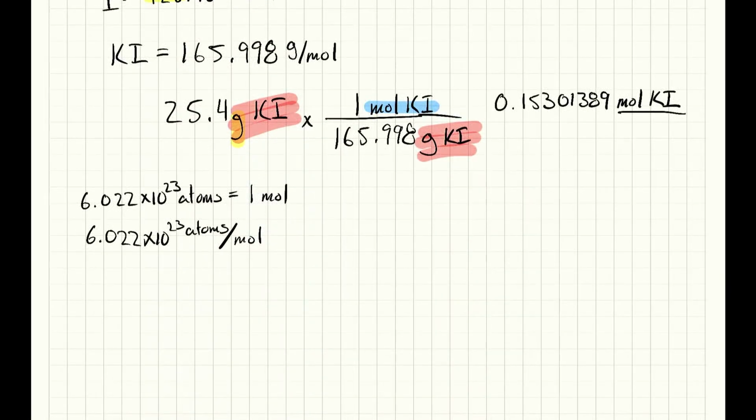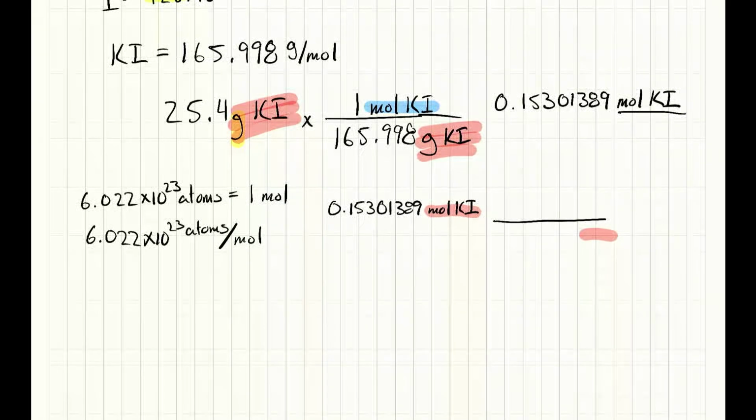Now when we set this up, we want to convert from our 0.01389 moles of KI. Because we have moles here, we're going to want moles on the bottom of our conversion factor to cancel this out.